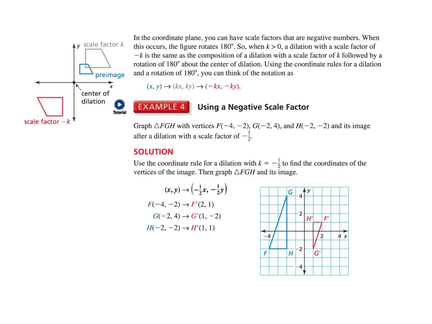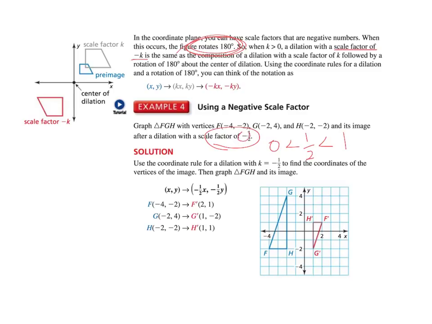Here's another big idea. Whenever you multiply by a negative scale factor, it rotates the figure 180 degrees. Let's do an example of that. Here I'm multiplying by a scale factor of -1/2. Two things should happen then. Because the scale factor is between 0 and 1 in terms of its actual value, just a half, that means the figure is going to reduce in size.